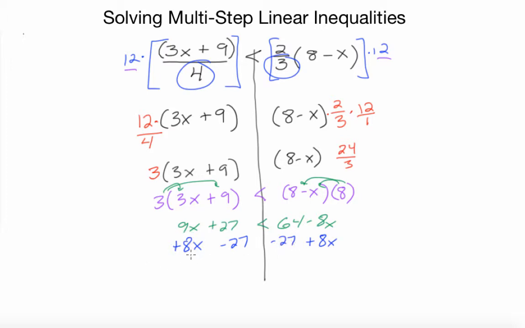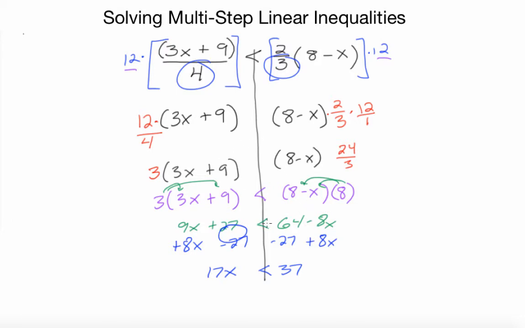So what I have is 9x plus 8x gives me 17x. The 27 minus 27 goes to 0. And then 64 minus 27 turns into 37. Notice at this point I've just been simplifying things.